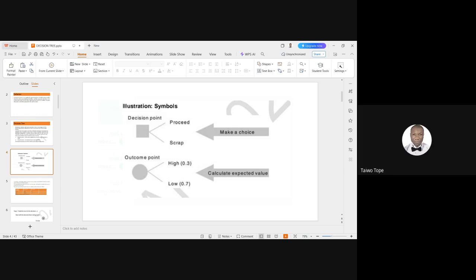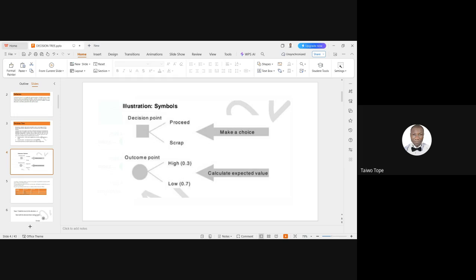Okay, I said determine the value of the internal knot through backward pass. For you to determine the internal knot through backward pass, you use the highest payoff for each decision knot.